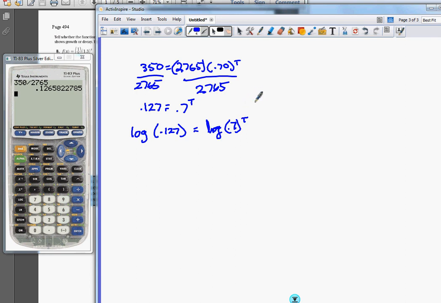Using the power property, I'm going to move the t from the exponent position into a multiplier position. So I get t times log 0.7 is equal to log 0.127. And then to solve for t, all I have to do is divide both sides by log 0.7.